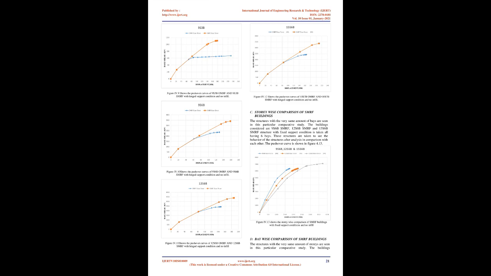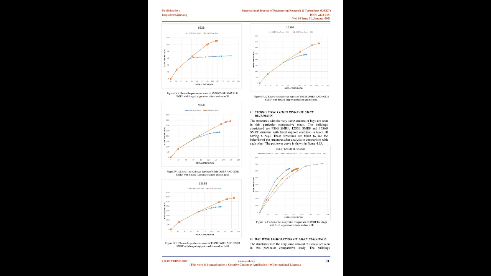B. Comparison of SMRF and OMRF, bare frame, hinged support. In this comparison, the functionality of ordinary moment resisting frames with hinged support conditions is considered. The pushover curves for various configurations of components are plotted and the building effect is observed. The pushover evaluation of the frames mentioned in the previous sections is conducted.